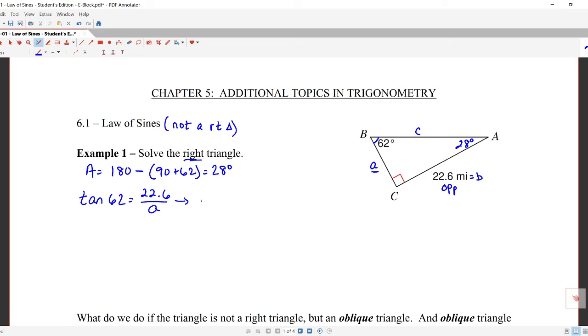So from here, we're going to cross multiply. I get A times the tangent of 62 equals 22.6, which means A is 22.6 divided by the tangent of 62. We're going to go to our calculator.